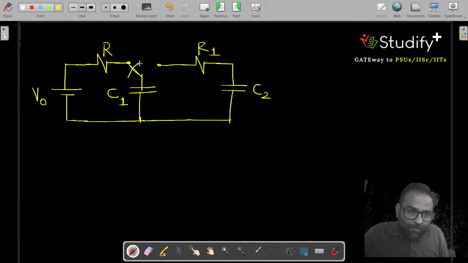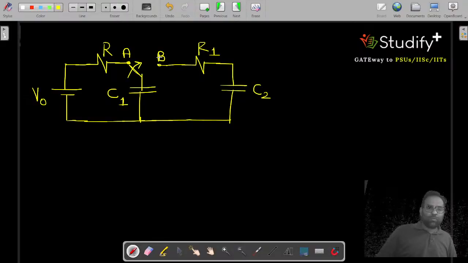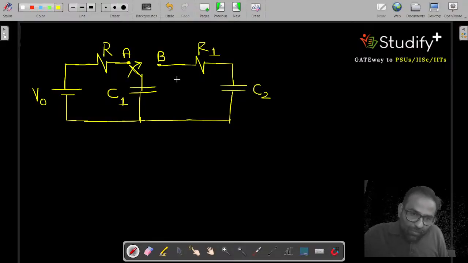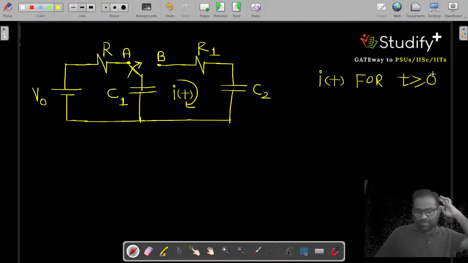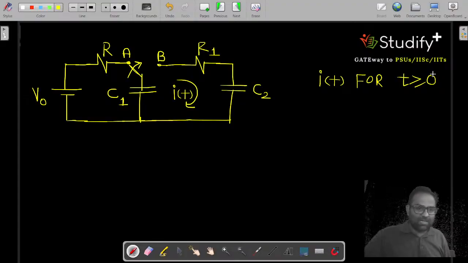The switch is going from point A to point B. Let me say this is point A and this is point B. They are asking about the current in this loop, i(t) for t greater than or equal to 0. This is our question, and this is the first example I am taking on the RC circuit.